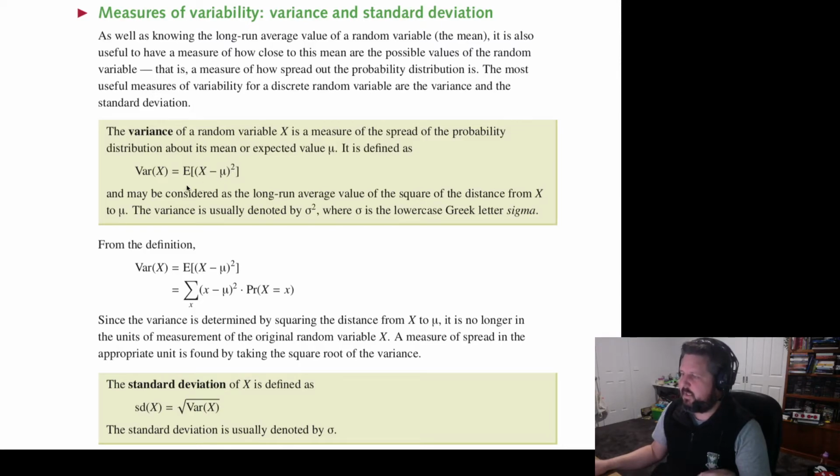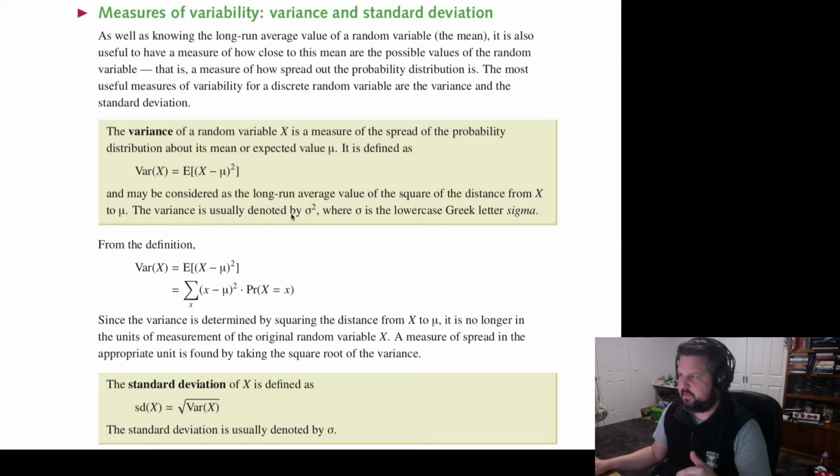Now, again, when you see other notation, one of the ways in which they write variance is to use this sigma, which is, as we said, the lowercase letter in Greek. So that's sigma, but it's sigma squared that is the variance.